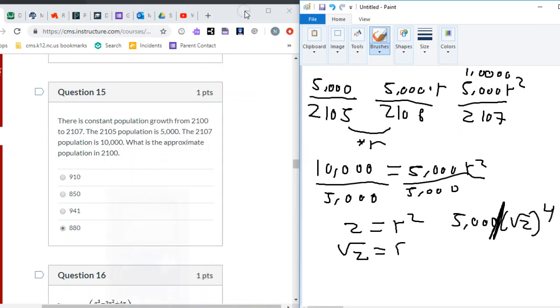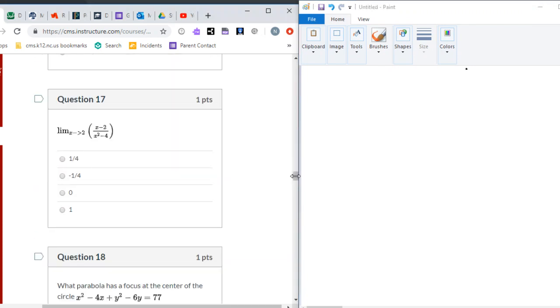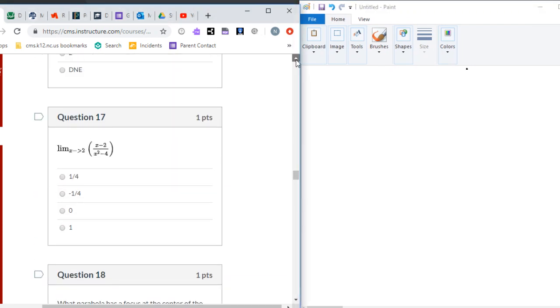So that's 5,000 divided by root 2, divided by root 2, divided by root 2, divided by root 2, which is about 880. All right. Question 16.